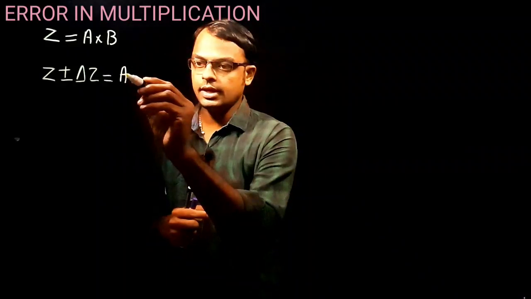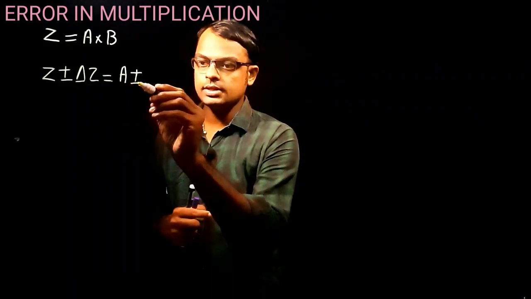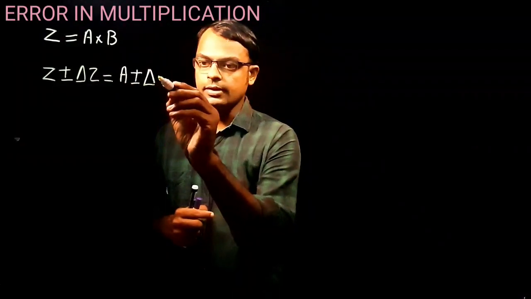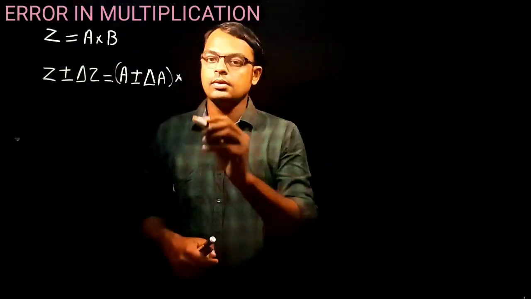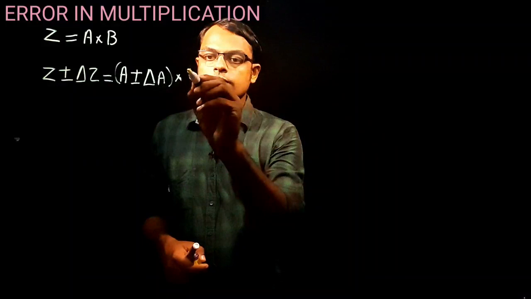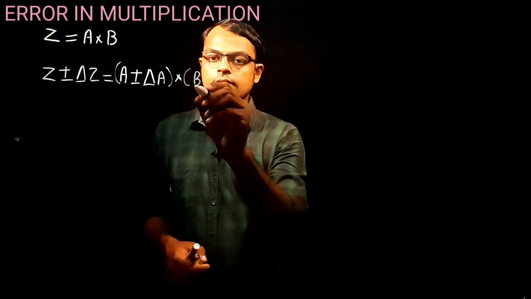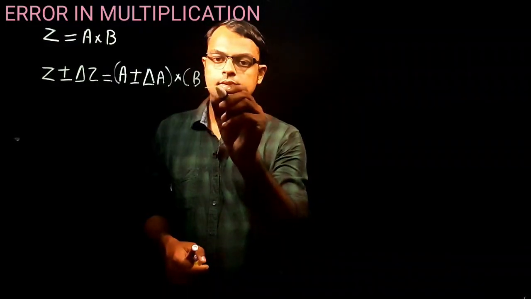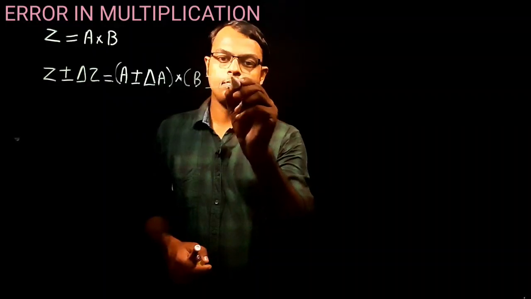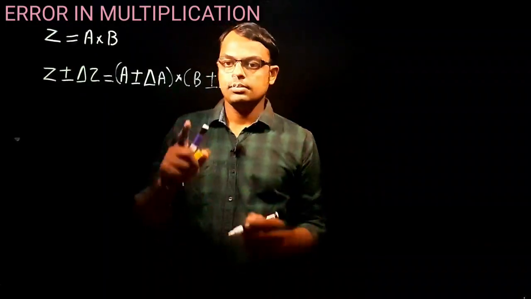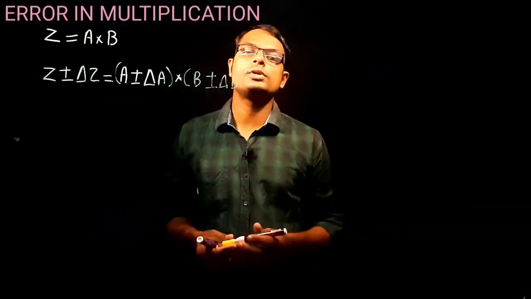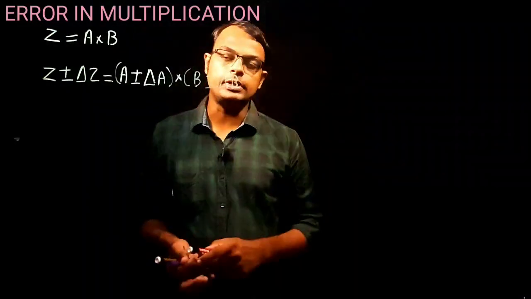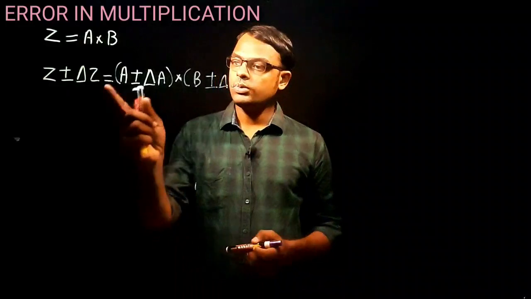So I can write here A plus or minus delta A, that means the error in A, correct? Into B plus or minus delta B. B is the measured value and plus or minus delta B is the absolute error in the measurement of B.